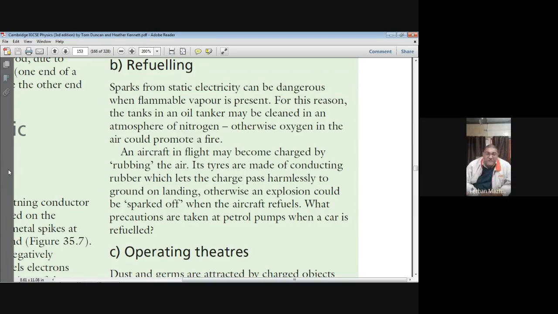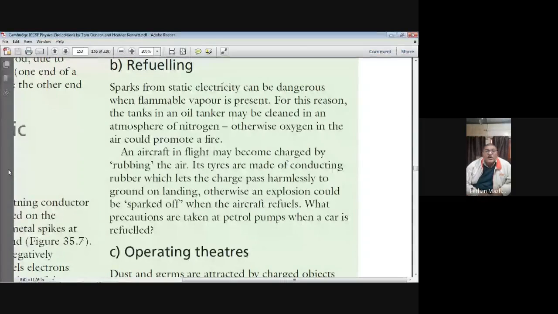In the same way, whenever an aeroplane lands, due to the friction with the air, the body of the aeroplane becomes charged. So before you start fueling an aeroplane which has just landed, it is important to ground it.